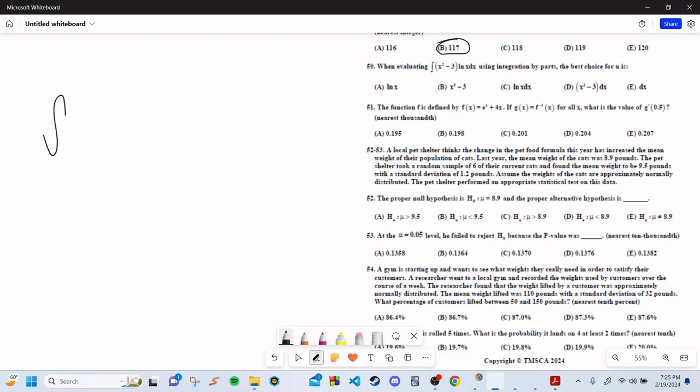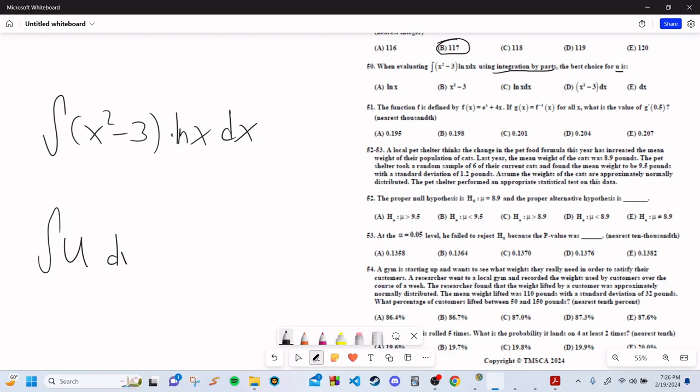When evaluating the integral of (x squared minus 3) times ln of x dx using integration by parts, the best choice for u is... okay, so integration by parts states that when you have the integral of u dv, that is equal to u times v minus the integral of v du.